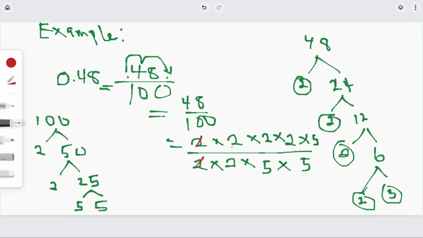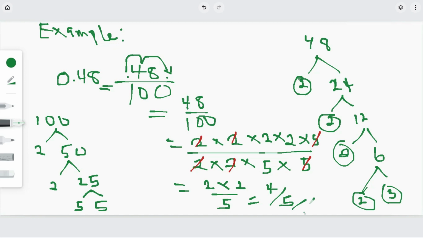Let's cancel out 2. 2 is common, let's cancel out 2. No other 2. We have 5 here, let's cancel out 5. So what remains now is 2 times 2 over 5. So what we have now is 4 over 5.